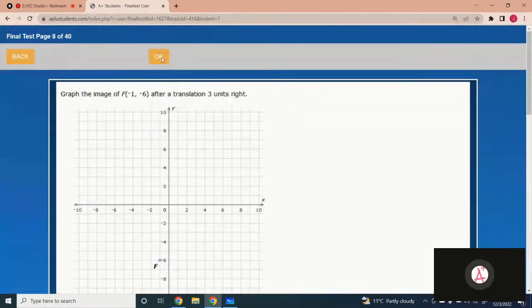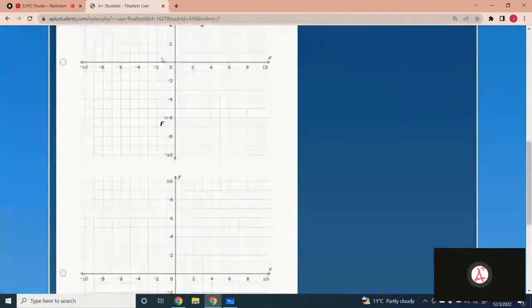Sorry, you have to add 3 to the x-coordinate. So -1 plus 3 is 2.